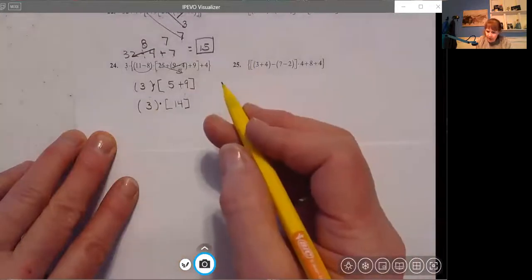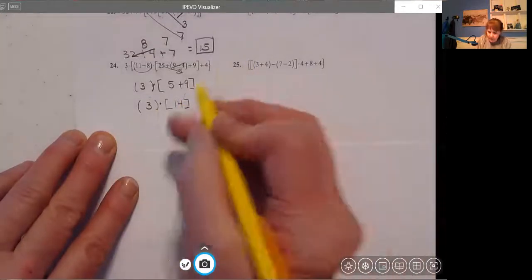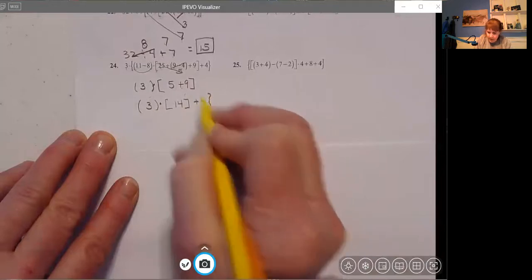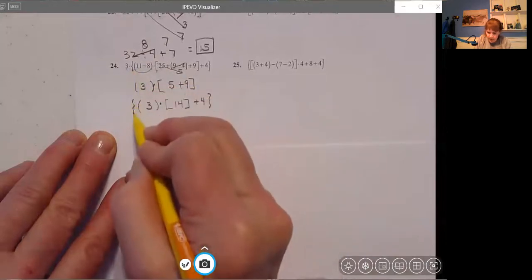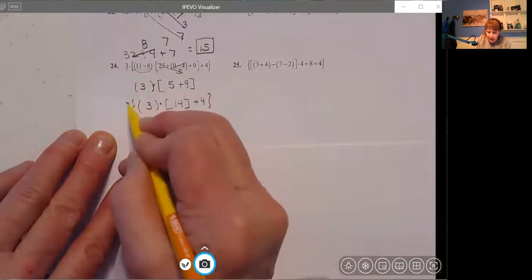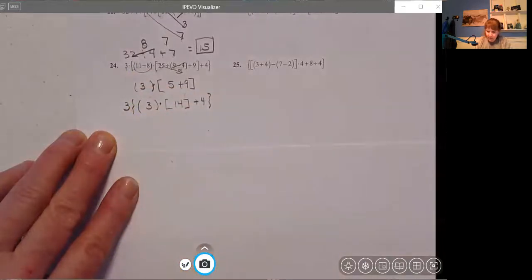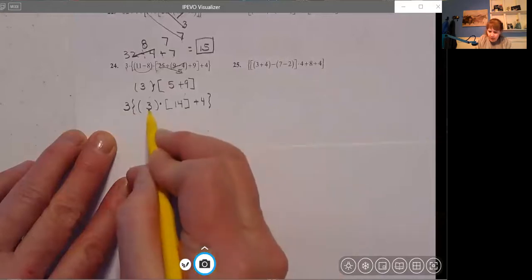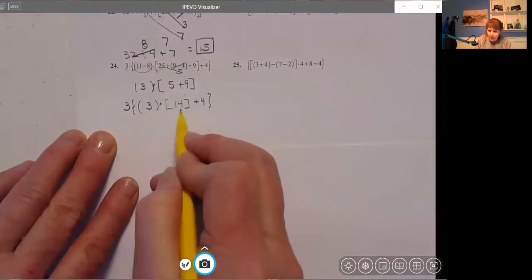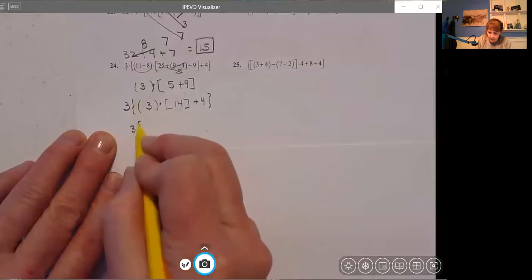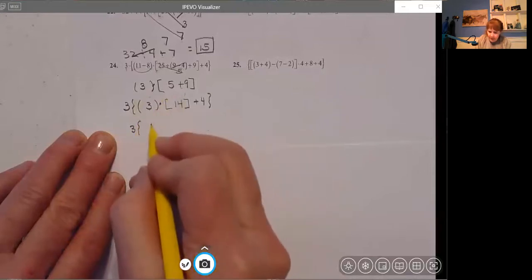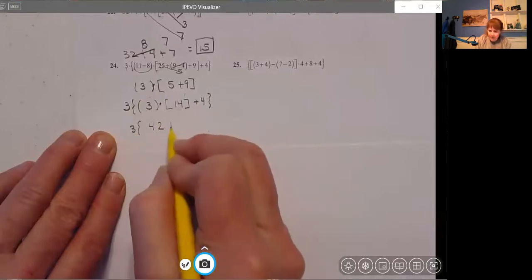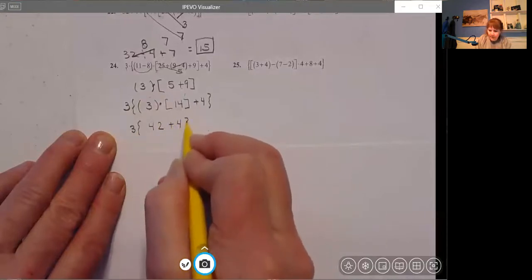Now here, oh good, we have a plus 4. Here's another brace right here, and we have the 3 outside. So inside our braces, we'll take 3 times 14. That gives us 42. Plus 4.